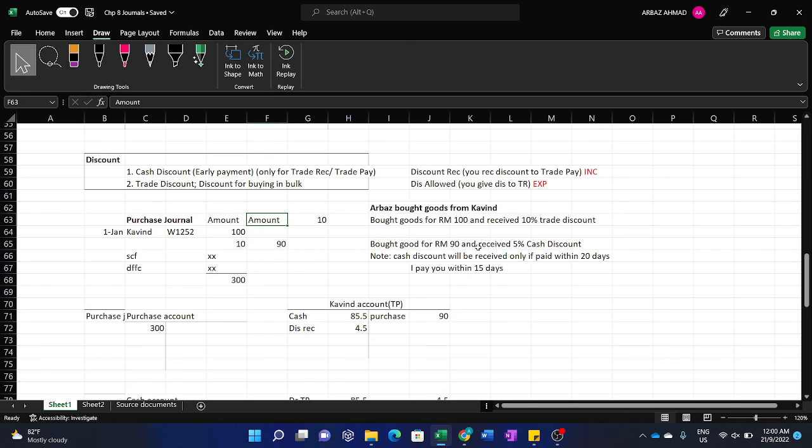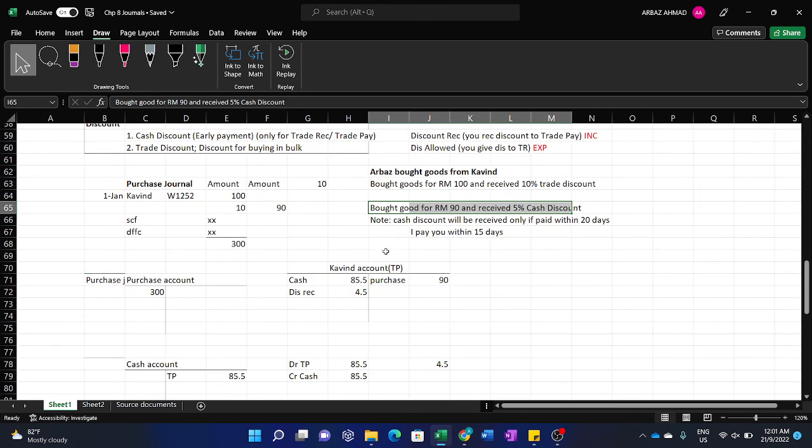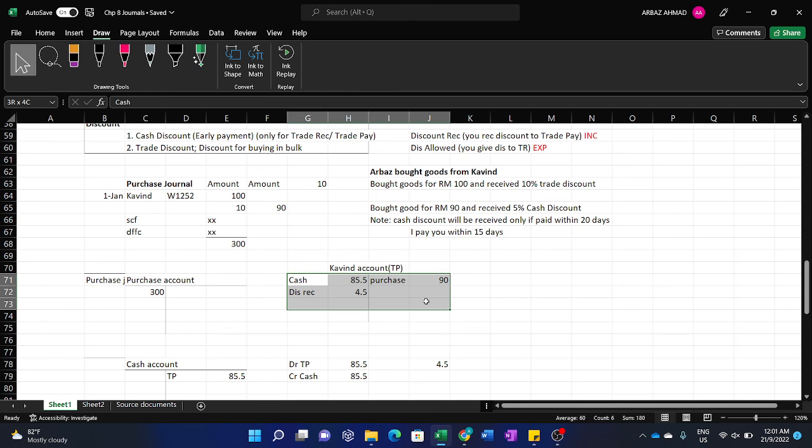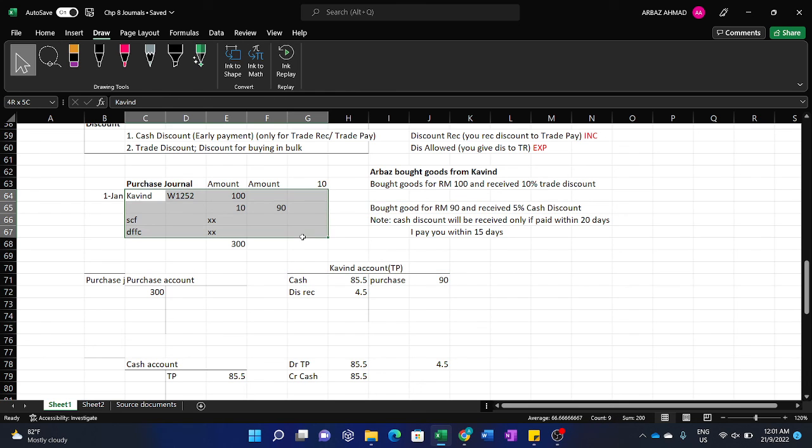Okay, so if you bought the goods for 90 and receive 5% cash discount, this is not the main focus, but I'm just giving an example. Then I will include it into my T account. So this one is not included in my T account. Yeah, this is included, 90 ringgit is included in my purchase journal.